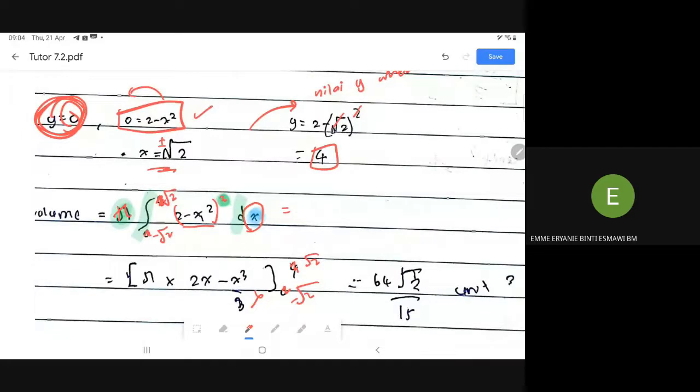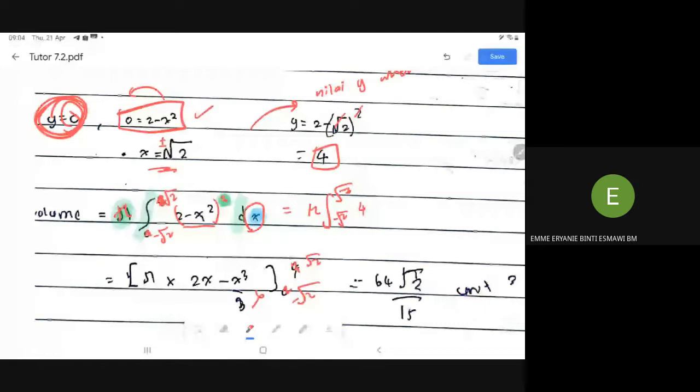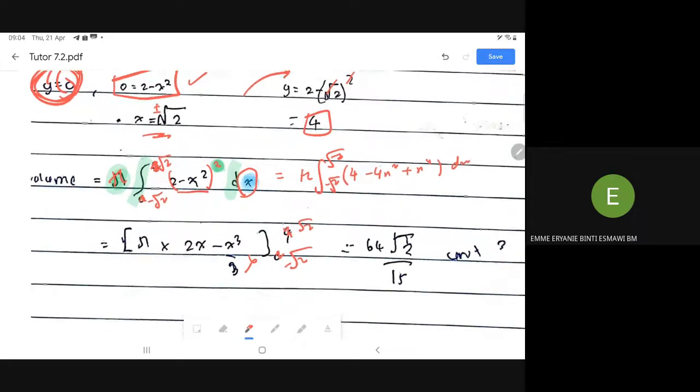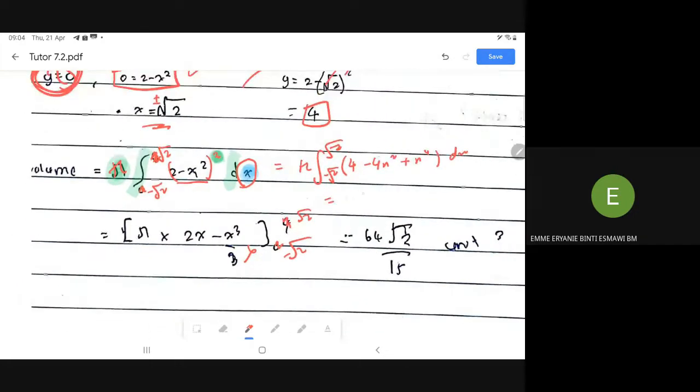Okay, jadi lepas tu kita akan expand. Lepas kita expand, kita akan dapat macam ni. Okay, expand. X, okay, dapat expand tu baru kita integrate. 3/3 plus x for 5/5.